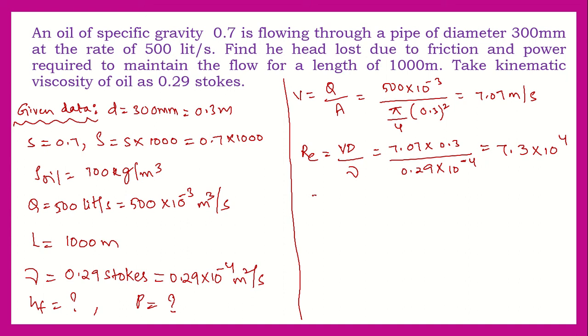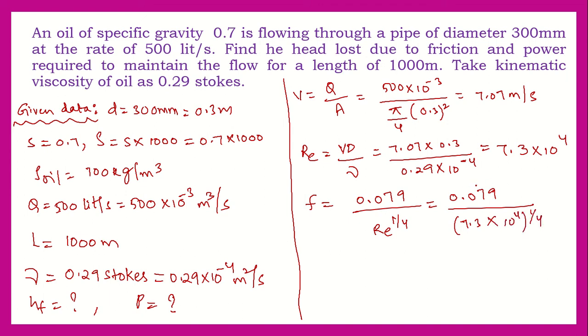Again we apply the friction factor formula as 0.079 by Re power 1 by 4. So from here 0.079 by what is Re? 7.3 into 10 power 4 to the power of 1 by 4. So our friction factor came out to be 0.0048.